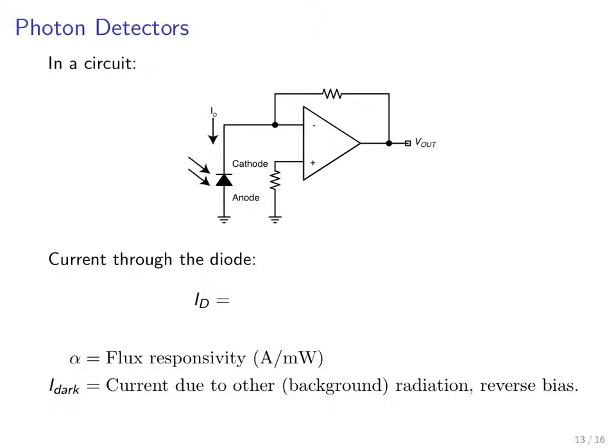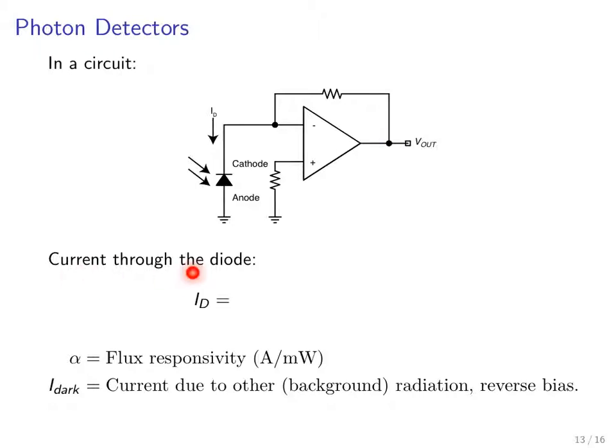And here's how we could use a photodiode in a circuit. Here I've drawn a simple op-amp circuit, which is just a current to voltage converter. We talked about this kind of circuit recently when we talked about current to voltage converters, where the diode itself is actually the current source here, and we flip it upside down so that the current through the diode is going the way we would like it, so we get a positive voltage out.